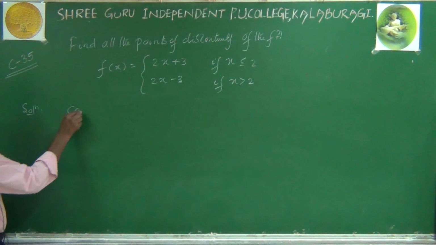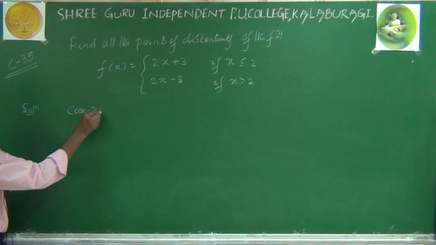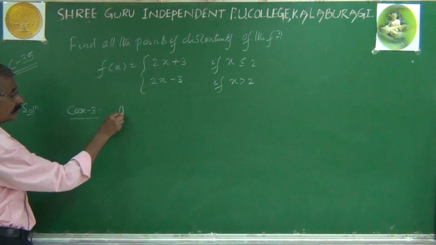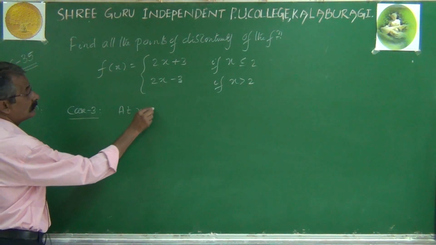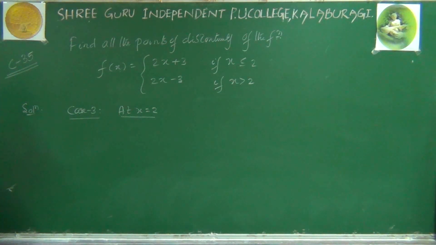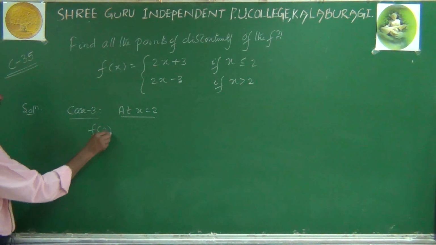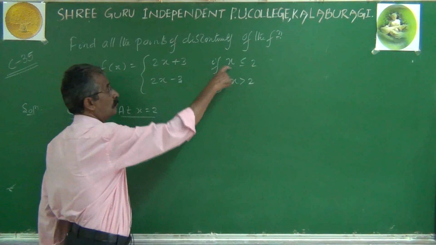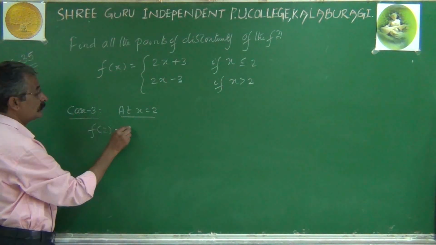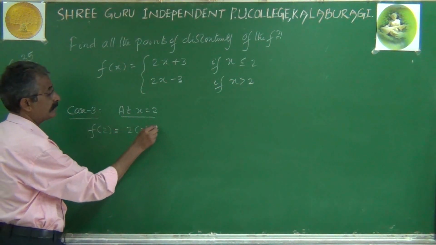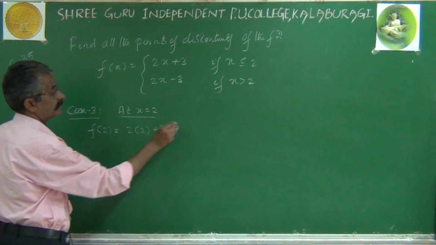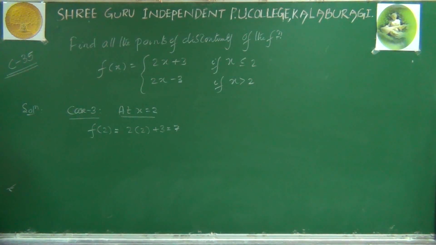Case 3, at x equal to 2. Let's find LHL, RHL. f(2), that means here we have x equal to 2, replace x by 2: 2 into 2 plus 3, total becomes 7, because 4 plus 3 is 7.